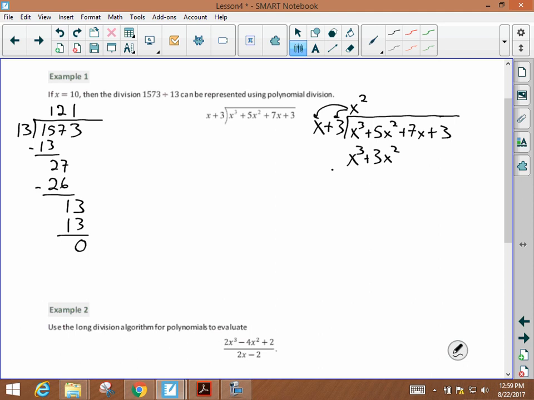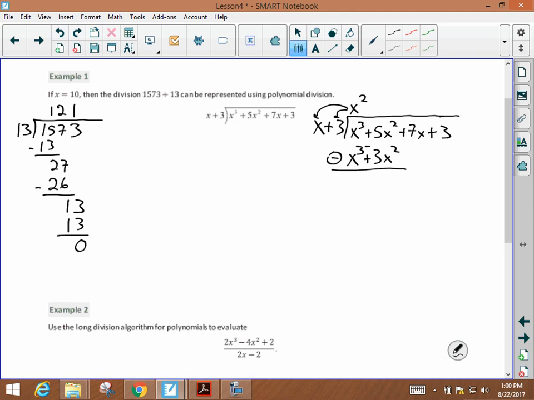Okay? And now I am actually going to be subtracting. Another way to look at subtraction is that you're changing the signs of these polynomial expressions and adding. I have something that I like to do to help me keep track of that. So this one was positive, I'm going to make it negative.